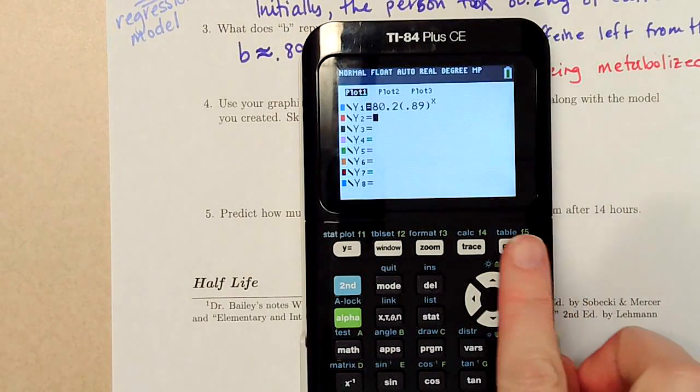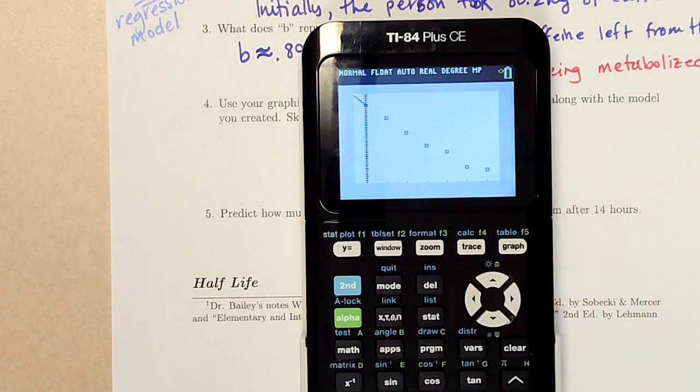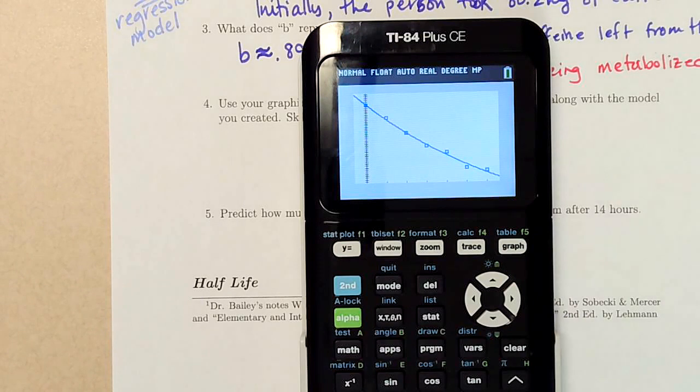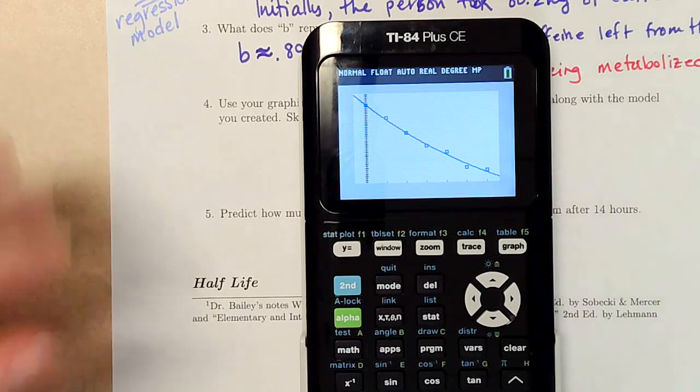Okay, and now I'm going to go back to graph. And we're going to see how well it actually did at matching up with that. It did pretty good. I mean, it did a pretty good job, I would say. It's not perfect, right? So that one's a little under, that one's a little over, but it found a happy compromise between everything, the best compromise, as a matter of fact. Hence the name, best fit for the regression model.